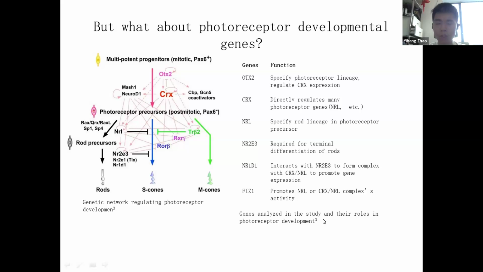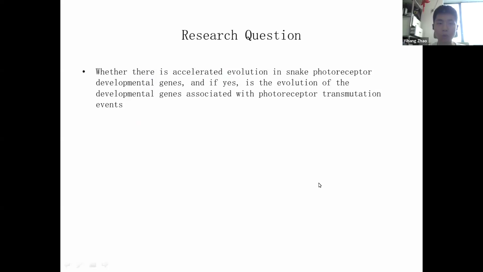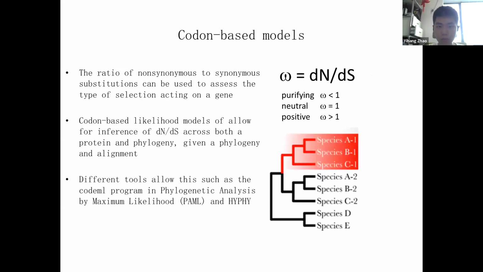So for my project, I have picked 6 photoreceptor developmental genes from the genetic network regulating photoreceptor development. These are the 6 genes and their functions, and I aim to figure out whether there is accelerated evolution in snake photoreceptor development genes, and if yes, whether the evolution of the developmental genes is associated with photoreceptor transmutation events.